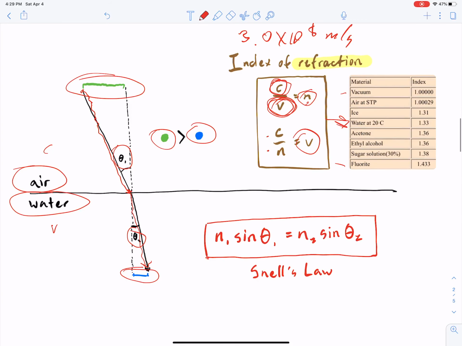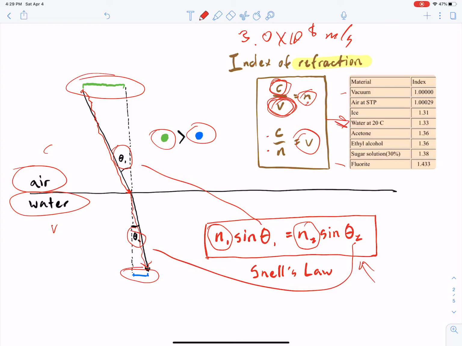So here on the bottom, we have Snell's Law. Snell's Law gives us two pieces of really important information describing light when it travels from one medium to another. It tells us the indexes of refraction for the two different mediums, and it also tells us these two angles.